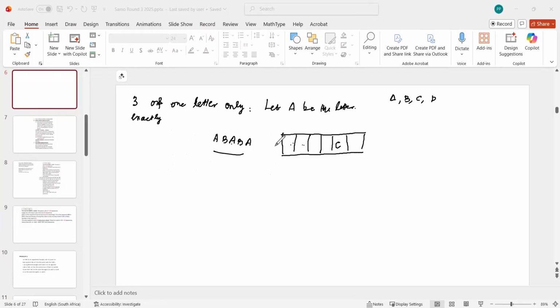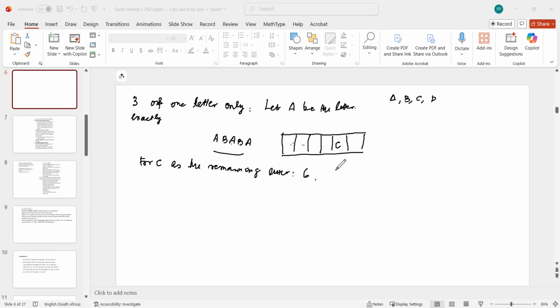Now, instead of putting C in that last place, you could have put a D. So if C is the remaining letter, you got six possibilities.